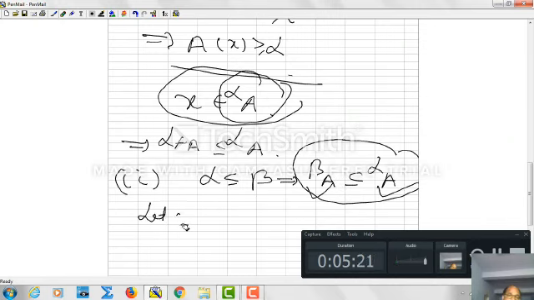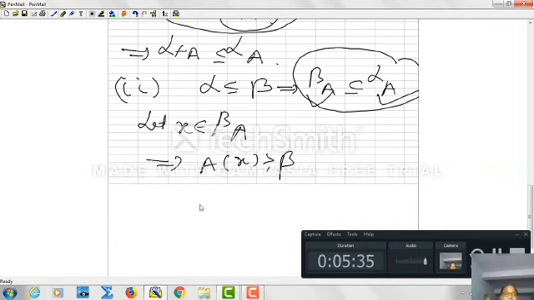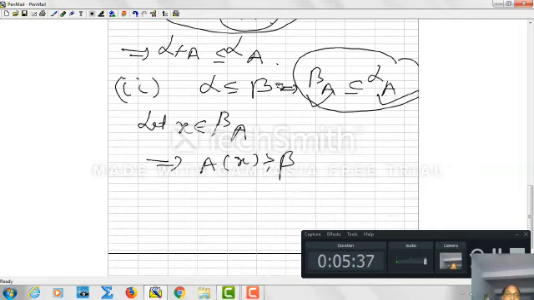So let x belong to the beta cut of A. By definition A(x) is greater than or equal to beta, and it is also given that beta is greater than or equal to alpha.